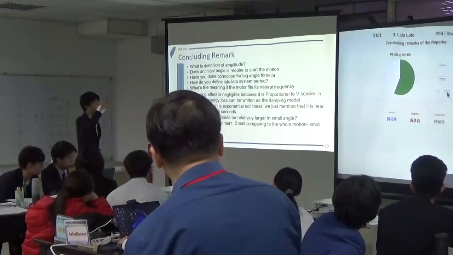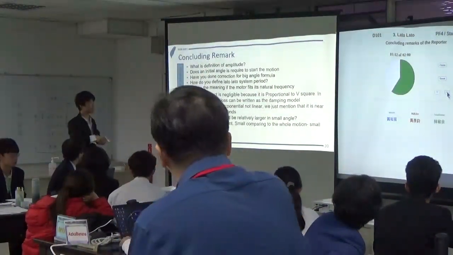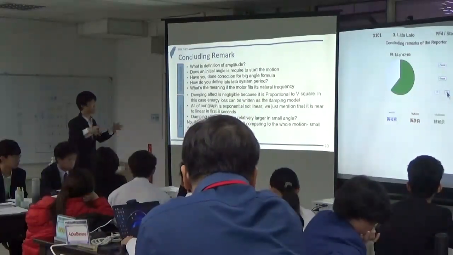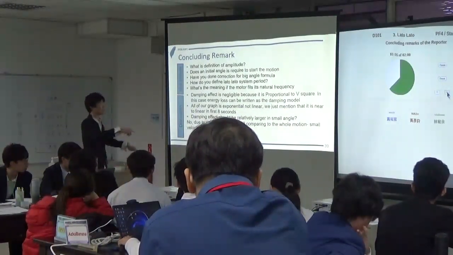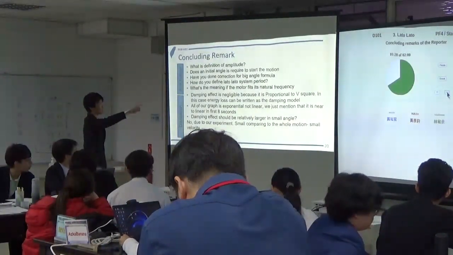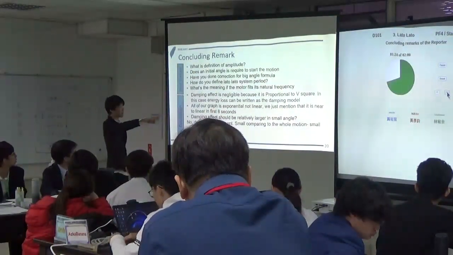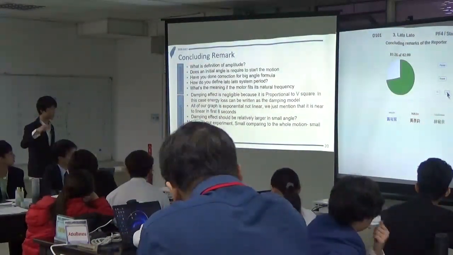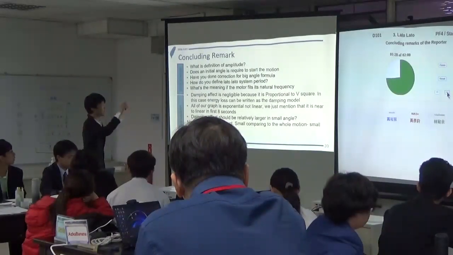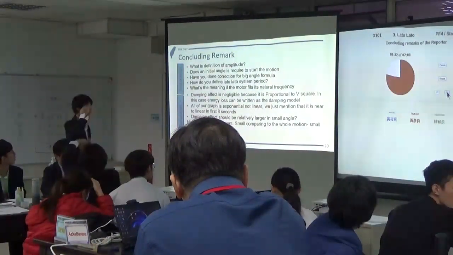And how do I define the Laplace system here? I said that I define it as a pendulum. And what's the meaning of the motor speed, the natural frequency? And the damping effect is negligible because it's proportional to V squared, so it can be written in damping model format.